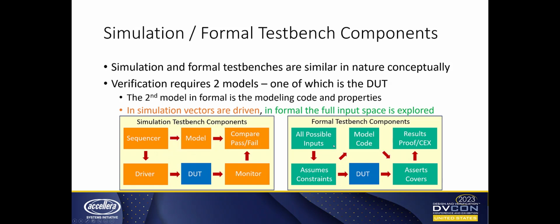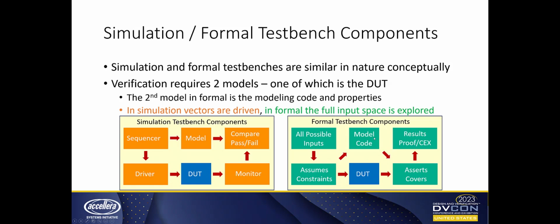So of course, in simulation, everything's vector driven. From a formal perspective, conceptually, it's the same thing, although the way formal analyzes things is it's analyzing all possible inputs. So the full input state space is being analyzed, and then that's being refined with some assumptions and constraints. So all possibilities are being applied to the DUT, as well as the modeling code and properties.